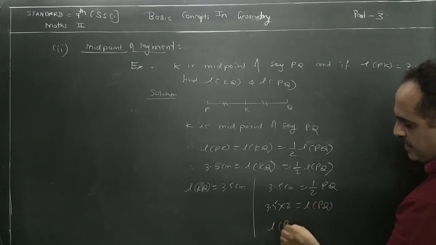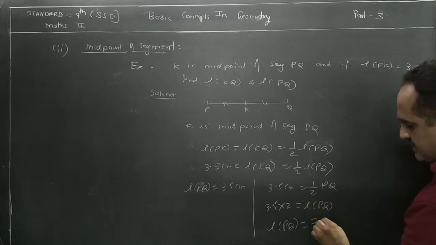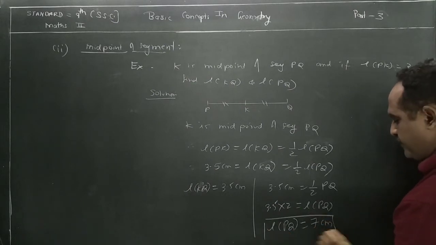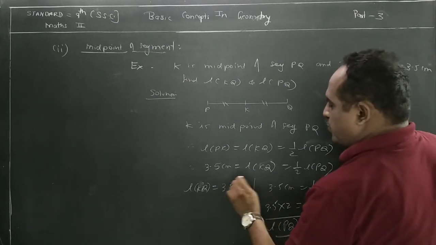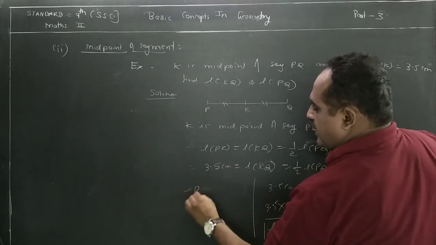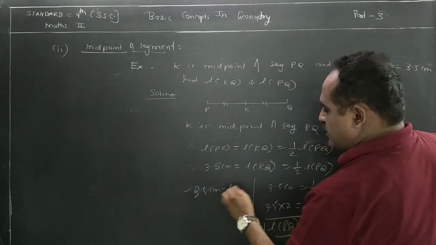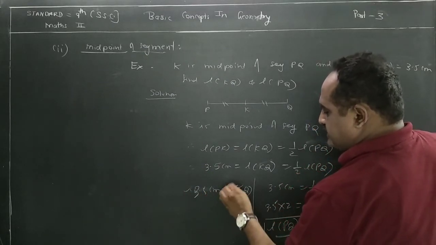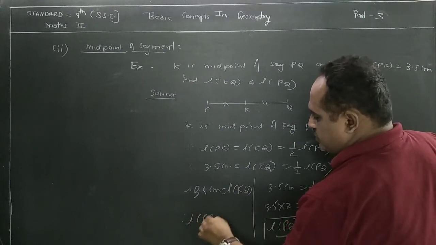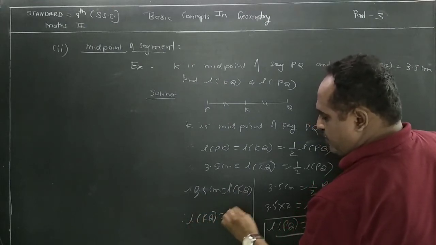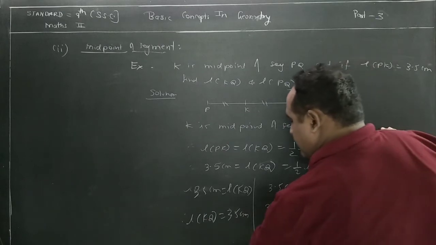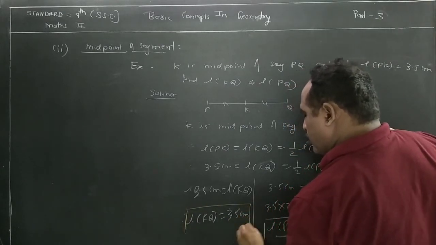So length PQ will become 7 centimeter. And length KQ is 3.5 centimeter. Is it right? So length KQ is 3.5 centimeter, which you can put in a box.